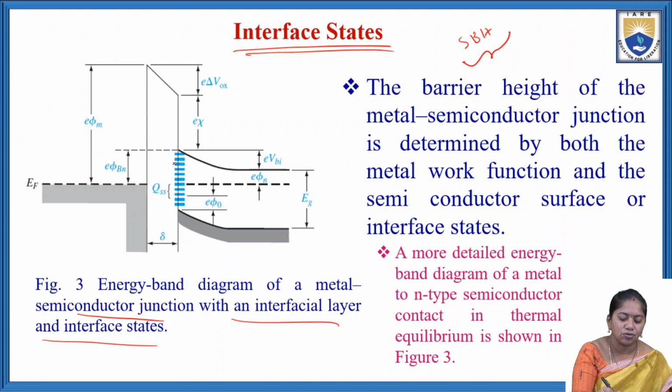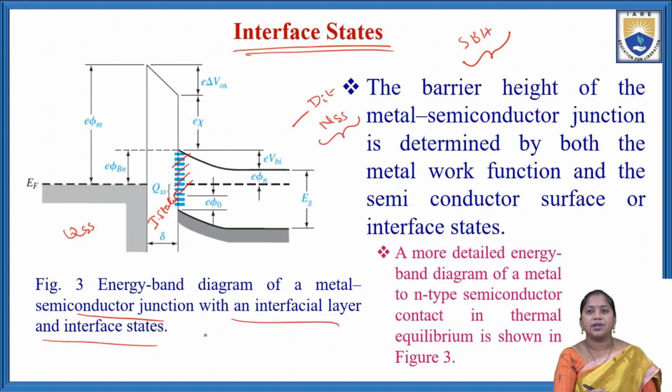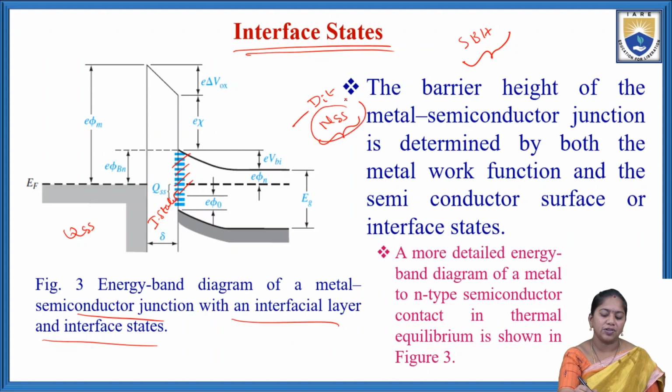These blue lines show the interface states, represented as QSS, which is also written as DIT or NSS. These denote the density of interface states, or interface state density. Both are the same.